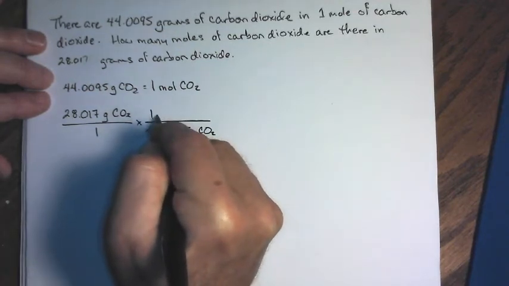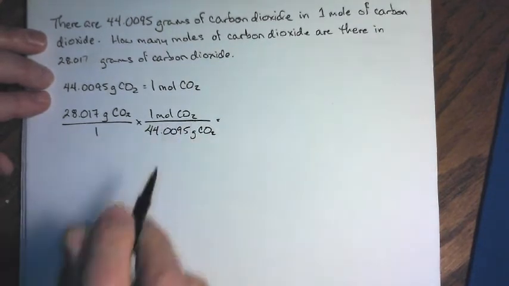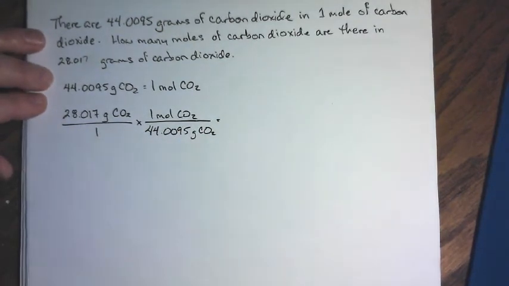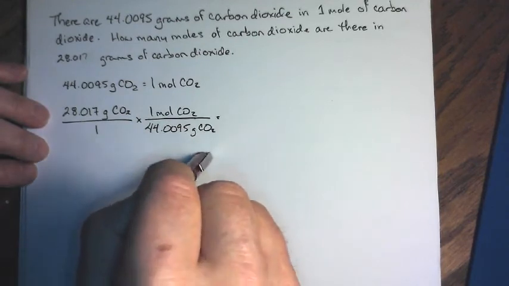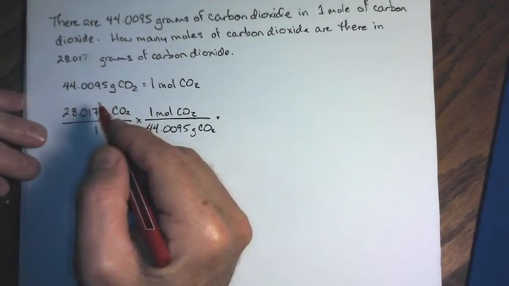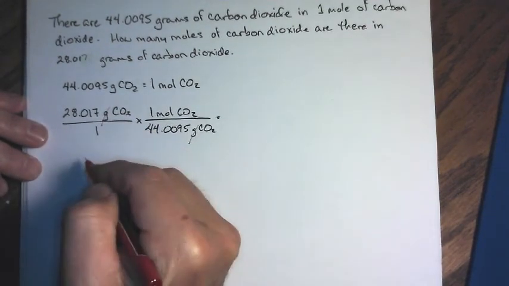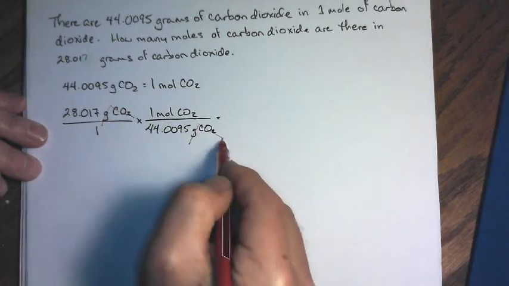I'm going to take the moles and put it on the top. If I multiply this by this fraction, like x's and y's in algebra, grams are going to cancel out. Carbon dioxide is going to cancel out.